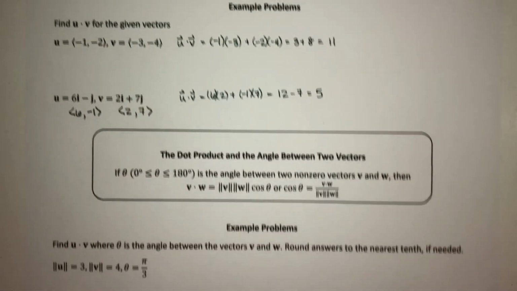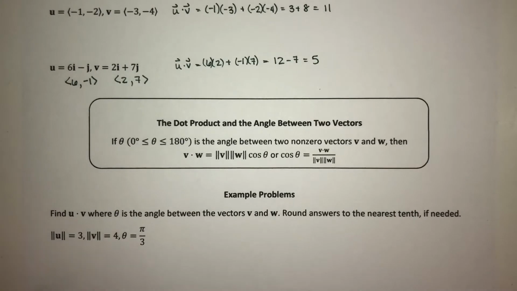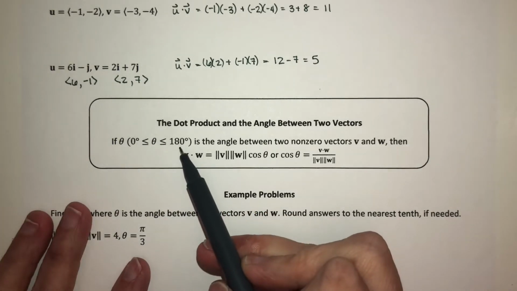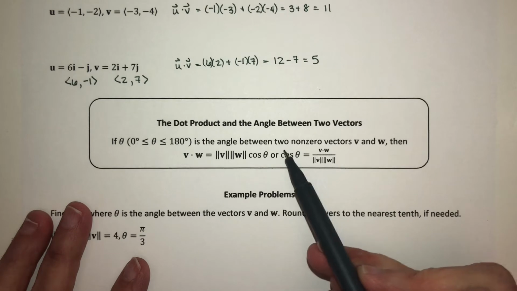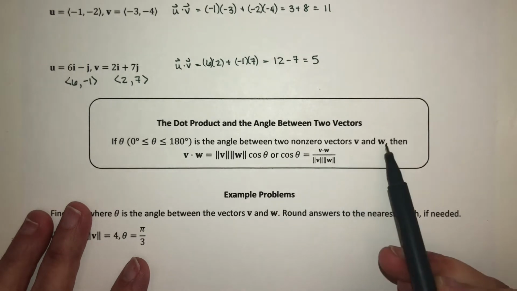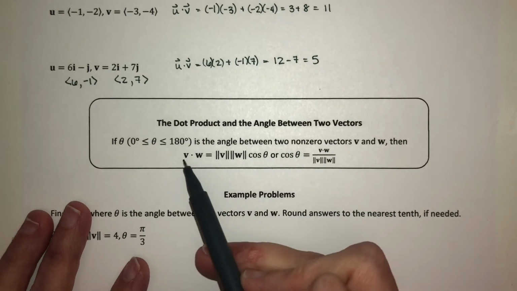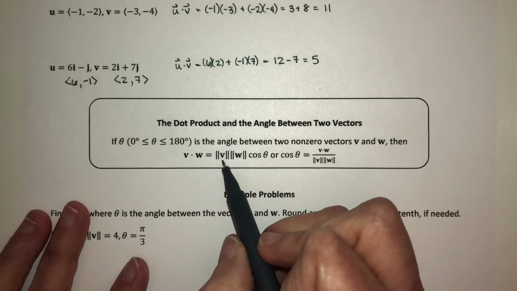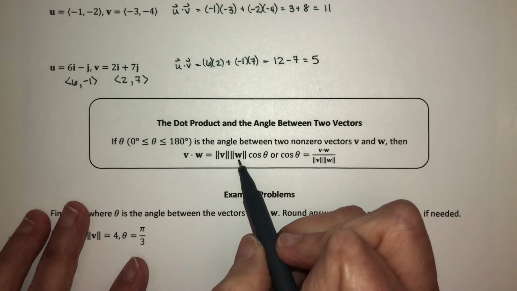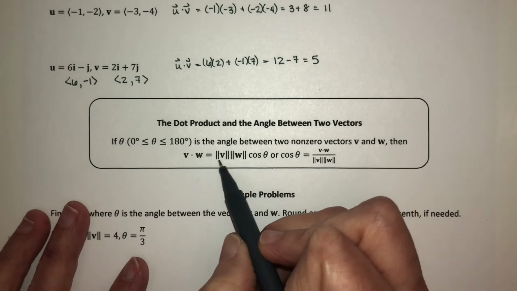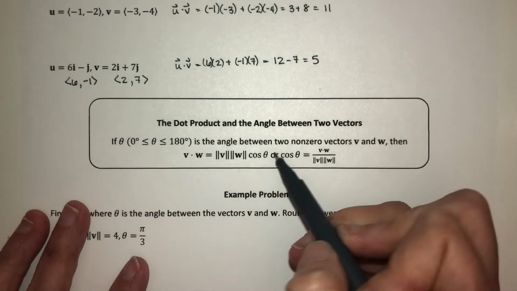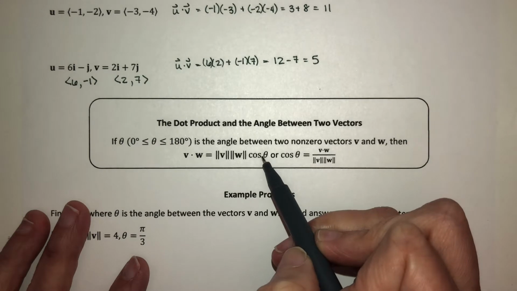Okay. The dot product and the angle between two vectors. If theta between 0 and 180 is the angle between two non-zero vectors v and w, then the dot product of those two vectors is equal to the magnitude of v times the magnitude of w, these are going to be scalar values, times cosine of theta, which is also a scalar value.